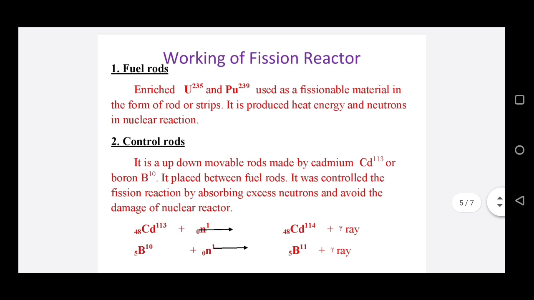By doing this, the control rod absorbs more neutrons and hence less heat is released. In emergency cases, the control rod is lowered completely to shut down the reaction.